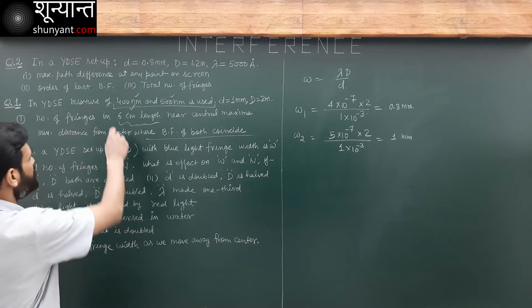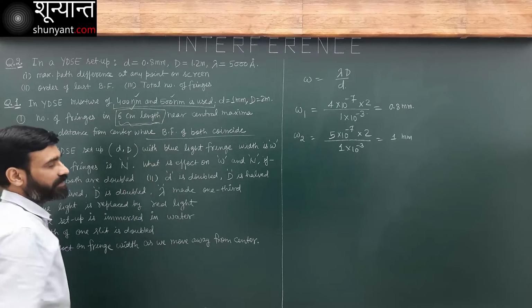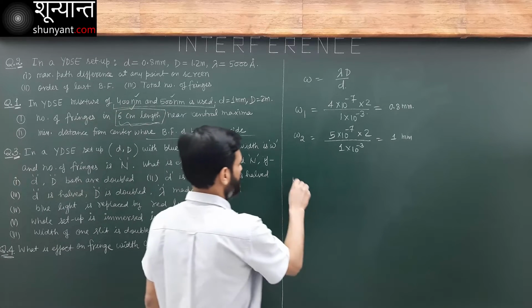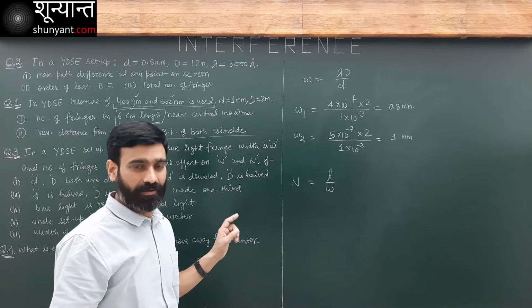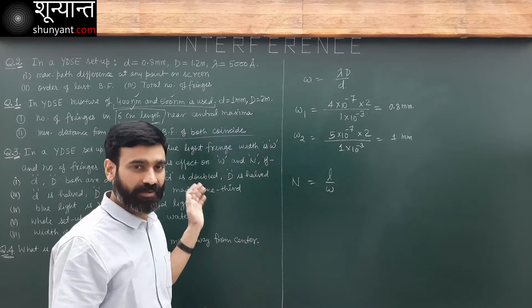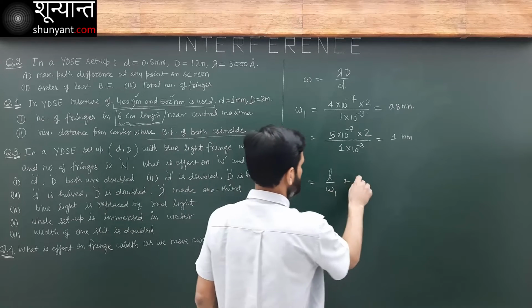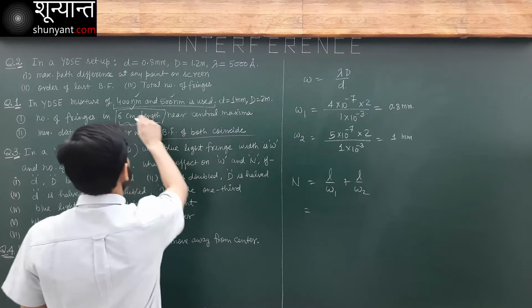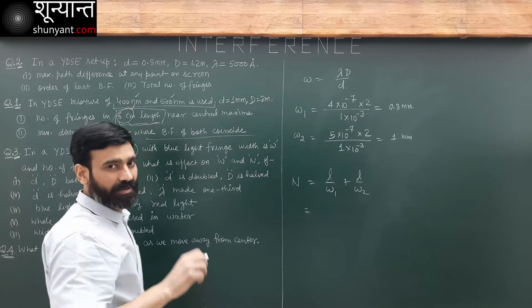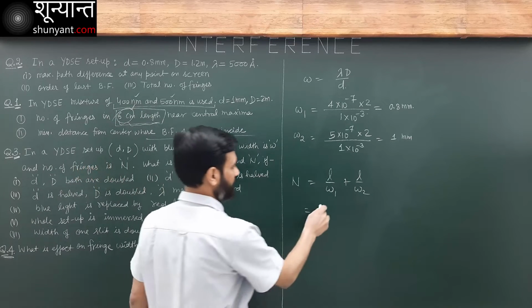Now here in 6 centimeter length, the number of bright fringes n is length over omega 1, this we did in the previous class, plus L over omega 2. This is 6 centimeter, which is 60 millimeter.